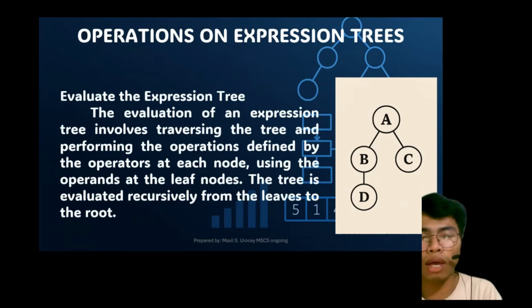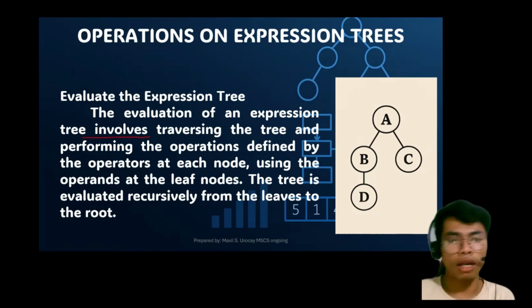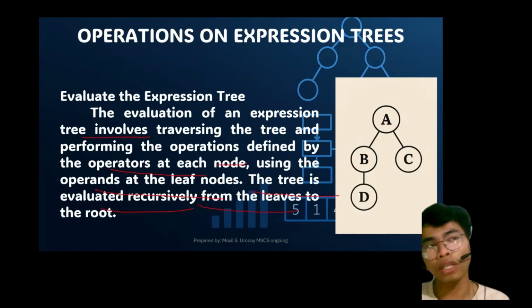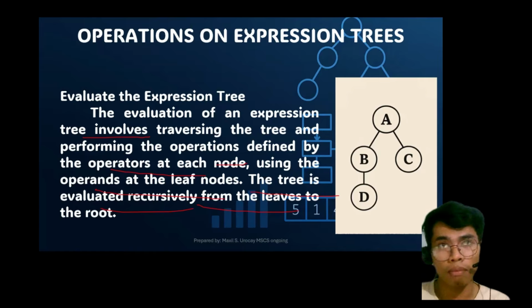And the step that we have is for evaluating the expression tree. Evaluation of an expression tree involves traversing the tree and performing the operations defined by the operators at each node. So using the operands at the leaf nodes, the tree is evaluated recursively from the leaves to the root. So that's how it works. So for example, with A plus B, then the multiplication is actually having the highest precedence.